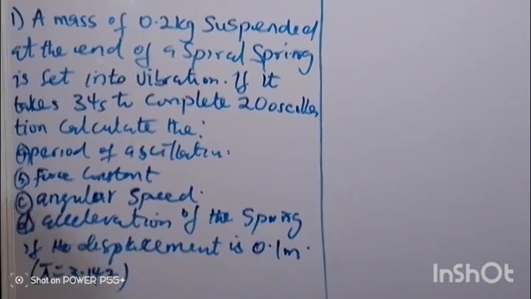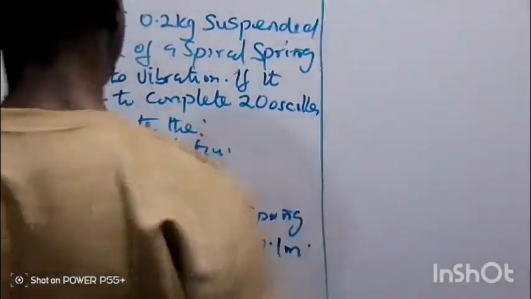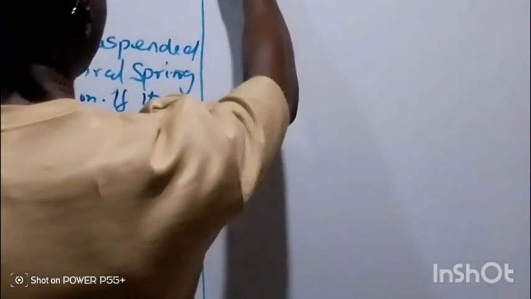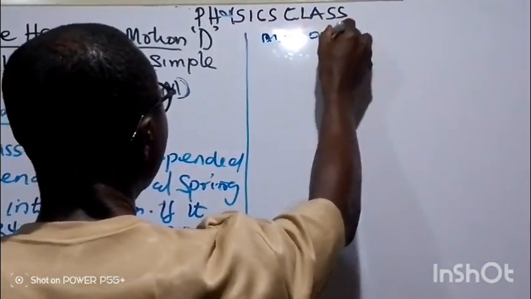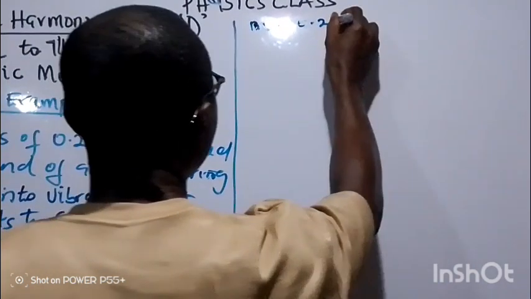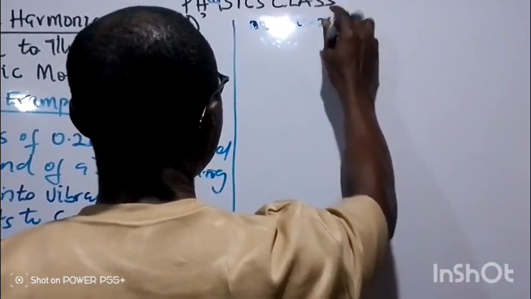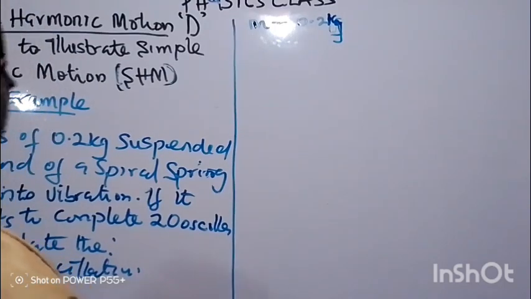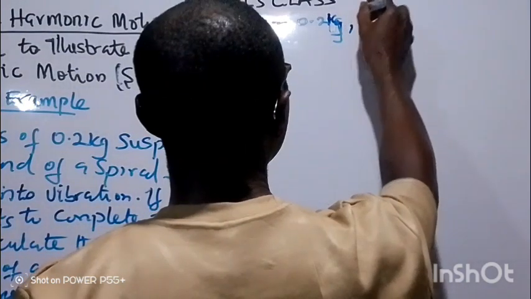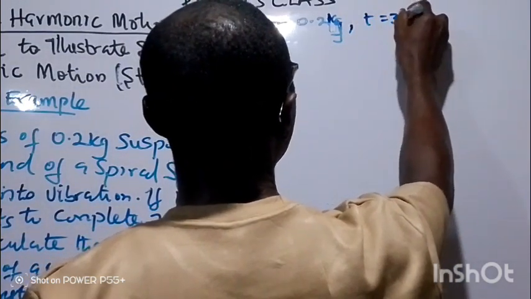Now, from the question, the following parameters were given. Mass is 0.2 kg. Then time, 34 seconds.